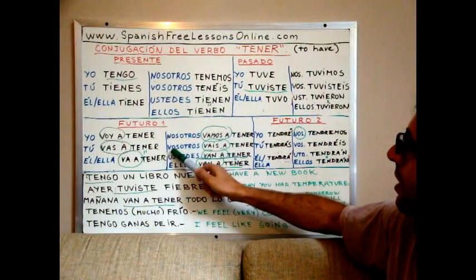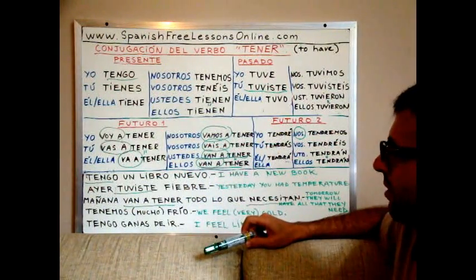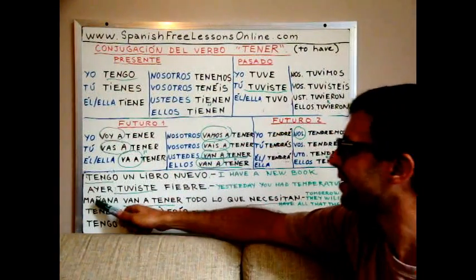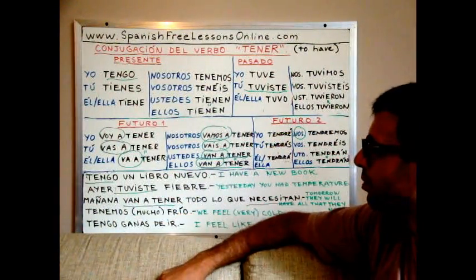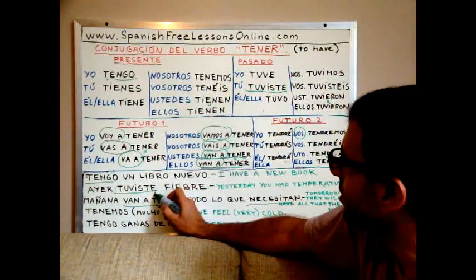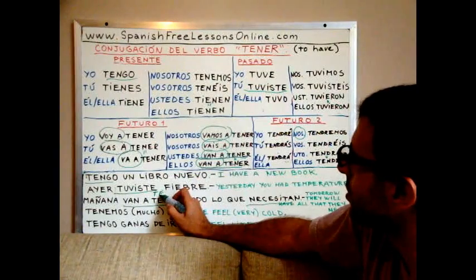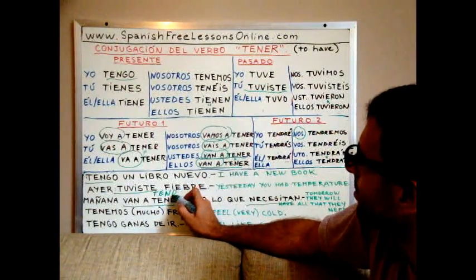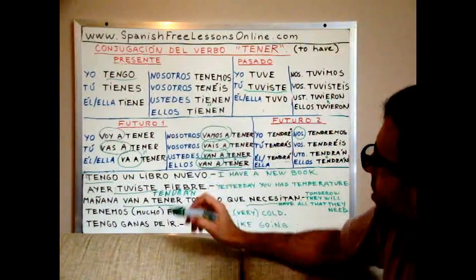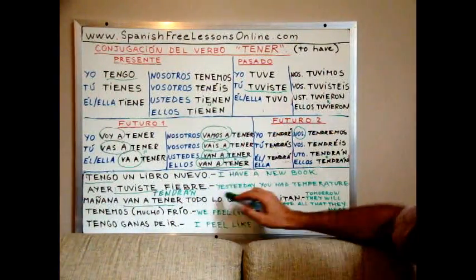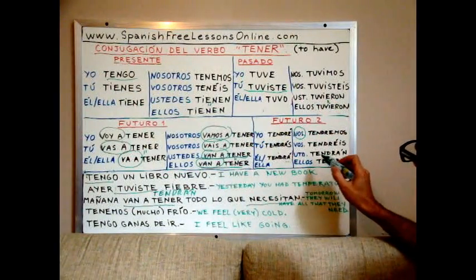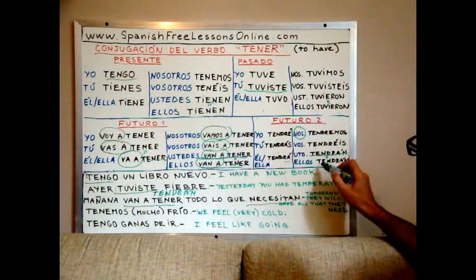Because in Spain they would say vosotros vais a tener, for you will have. So another way for saying the same thing would be mañana tendrán todo lo que necesitan, using future number 2.